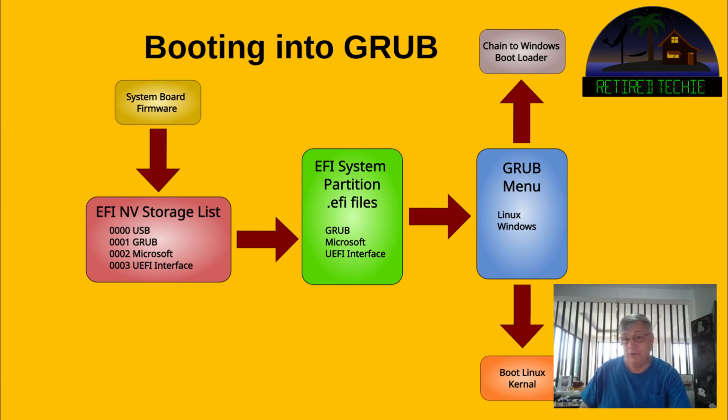So going forward, since we're going to the GRUB bootloader, it will load the GRUB menu. This is the difference between the Linux GRUB bootloader and, say, the Windows bootloader. The GRUB menu can have Linux, where if you chose Linux, you would boot straight to the Linux kernel and the Linux operating system, whereas if you chose Windows, and you would have a certain period of time to choose once you booted, then GRUB would chain to the Windows bootloader and let the Windows bootloader boot up the system.